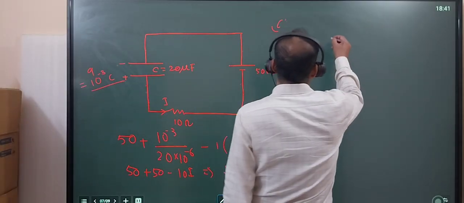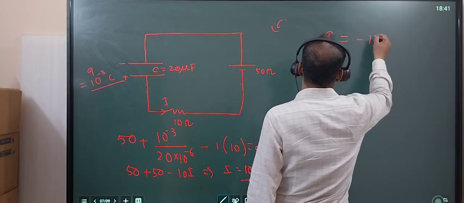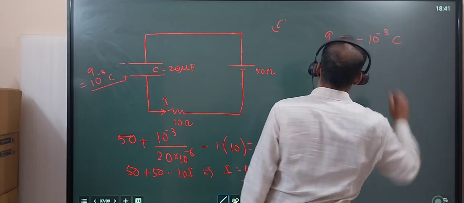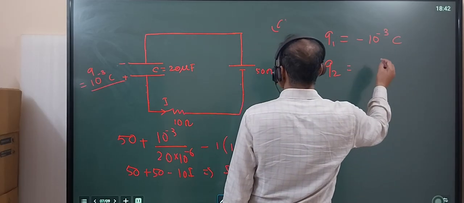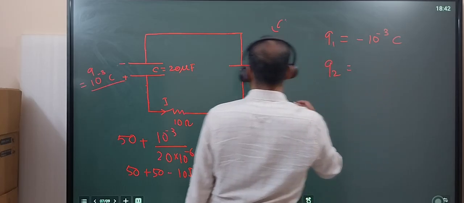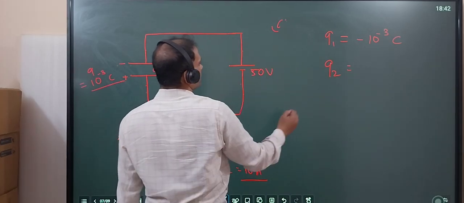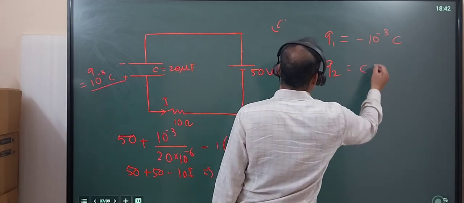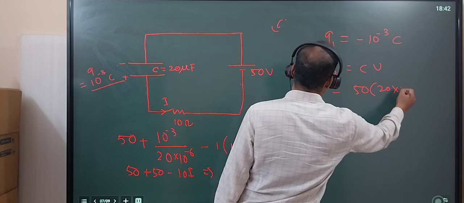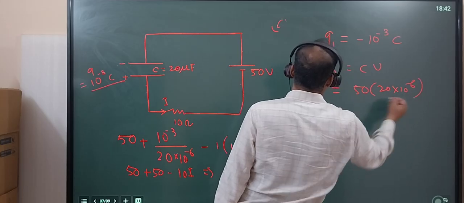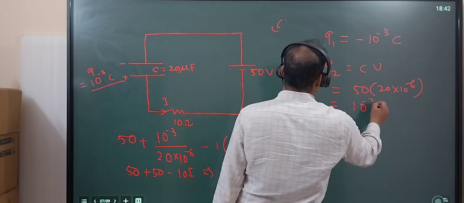Initially Q1 is 10 to the power minus 3 C, and Q2 will be CV, that is 50 into 20 into 10 to the power minus 6, so this is also 10 to the power minus 3.